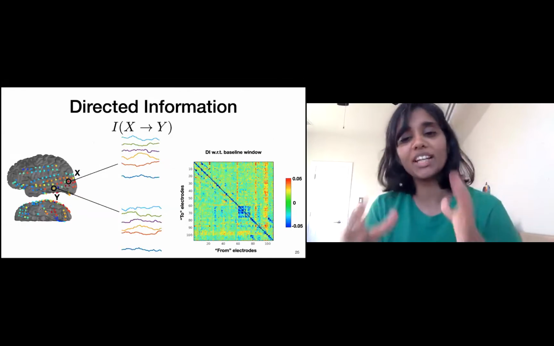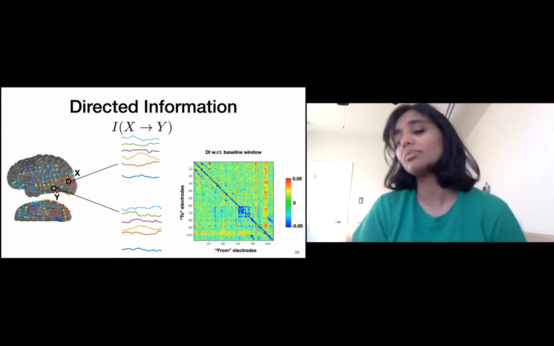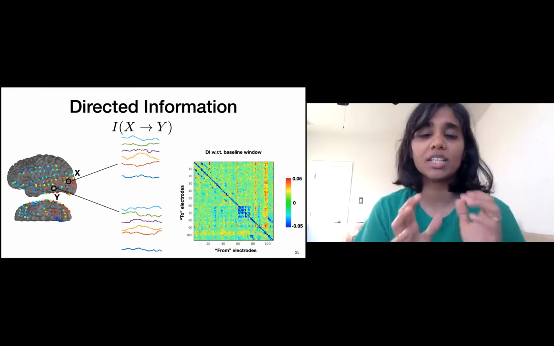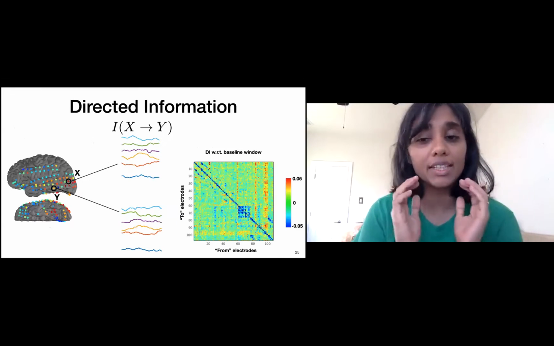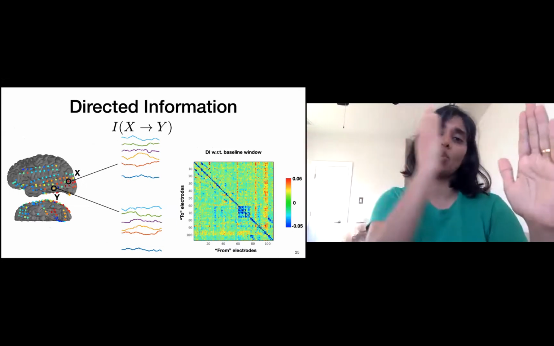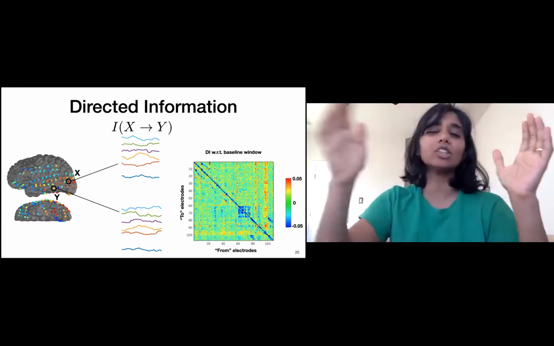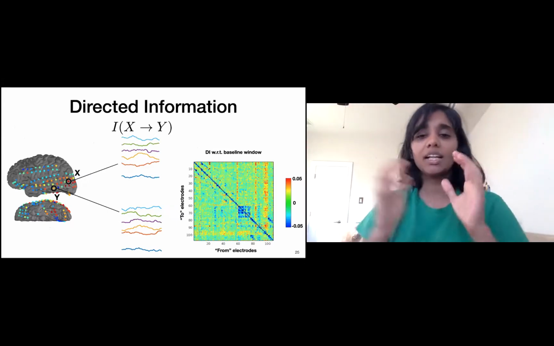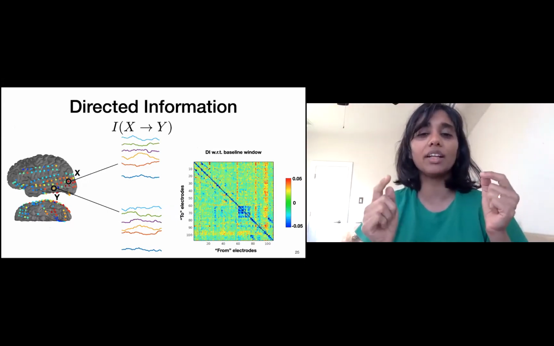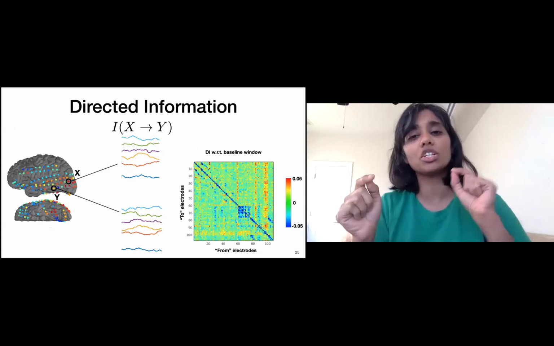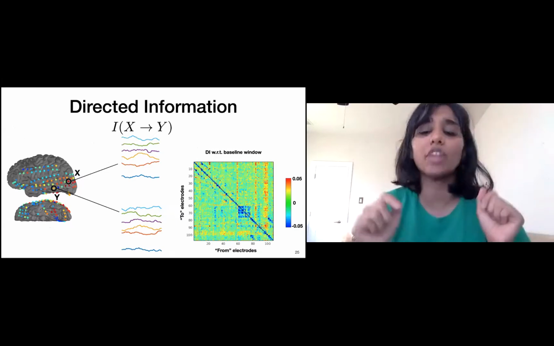This is where we get into the heart of the research. What we decided was we took this time window from when the person saw the image to when he spoke, and we divided that into smaller time windows. And in each time window, we said, let's find out how much information is going between every pair of electrodes.